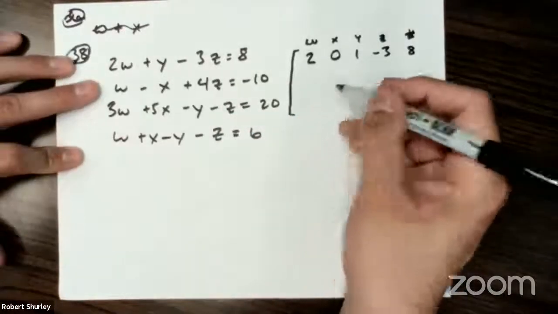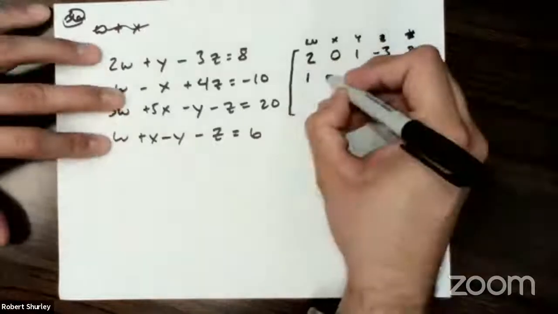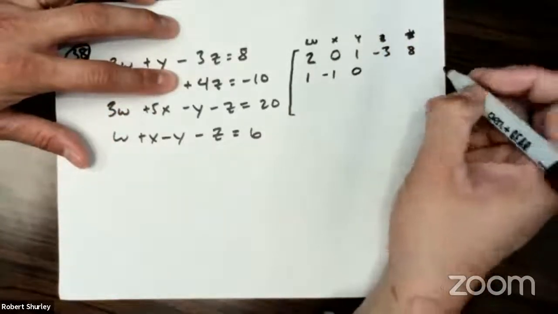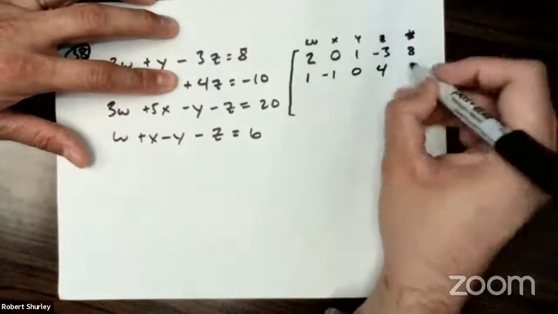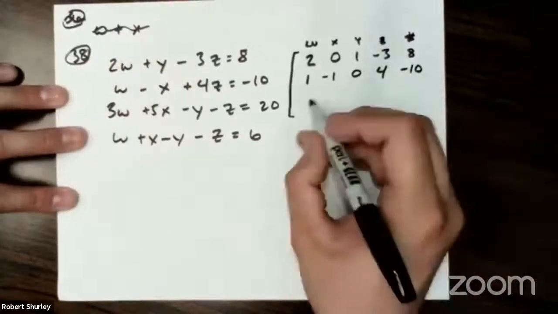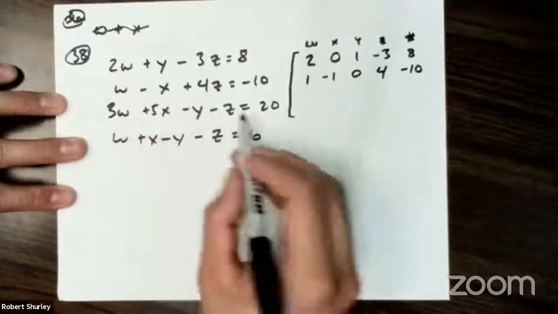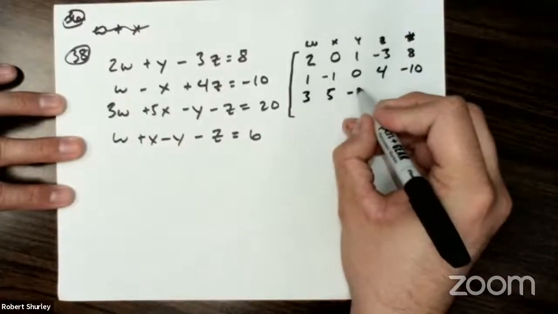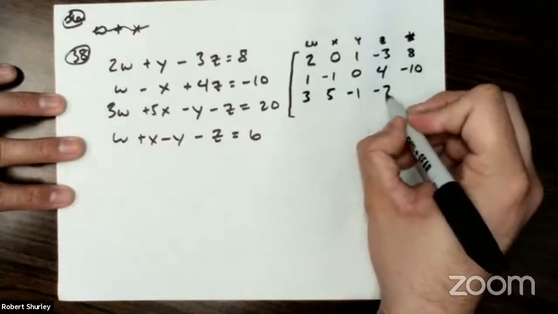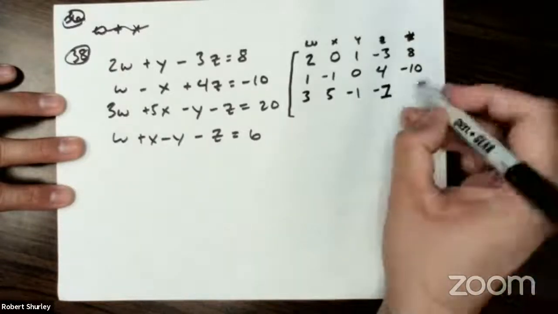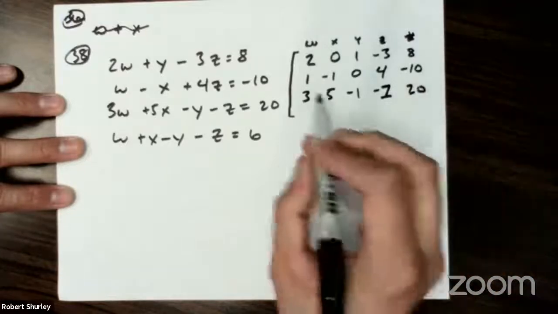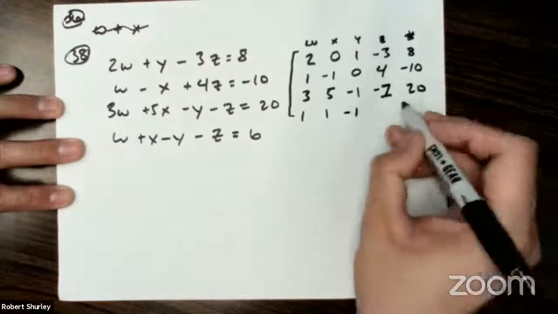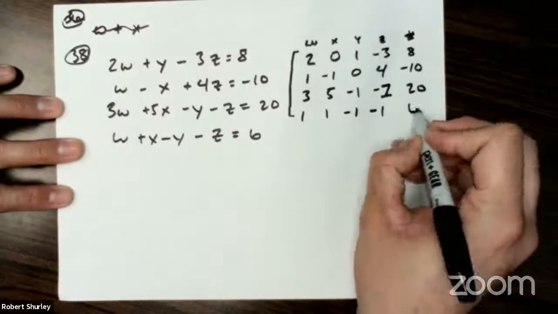The next line has 1W, negative 1X, but we don't have any Y's, so we have to put a 0 there, then 4Z's and negative 10. The next equation has all of them: 3W's, 5X's, negative 1Y, negative 1Z, and 20. And then 1, 1, negative 1, negative 1, and 6.